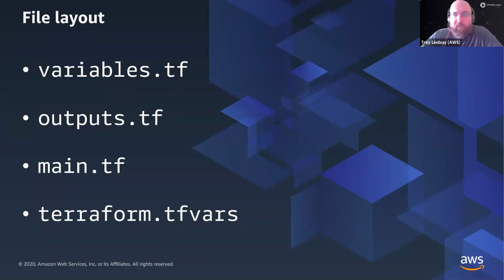Terraform will automatically detect any file with a .tf file extension in the working directory. However, a common design pattern is to organize your Terraform config files as such. Input variables are defined in a file named variables.tf. Outputs are defined in a file named outputs.tf.